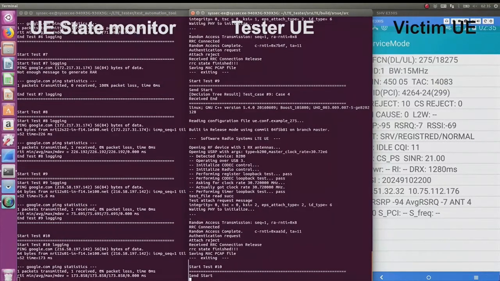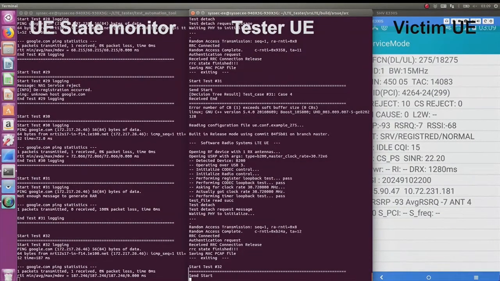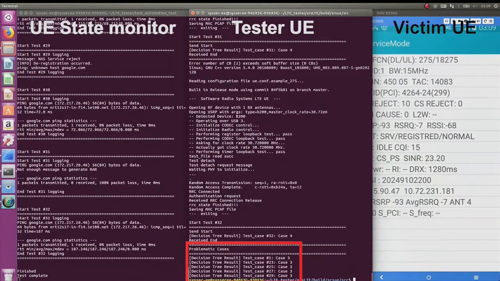Each test case took about 1 or 2 minutes, so it took a lot of time. So for the demo, we just tested 32 cases for part of the attach and detach procedure, and the result was that we found 5 problematic cases that are classified as case 3, which enables denial of service attack.